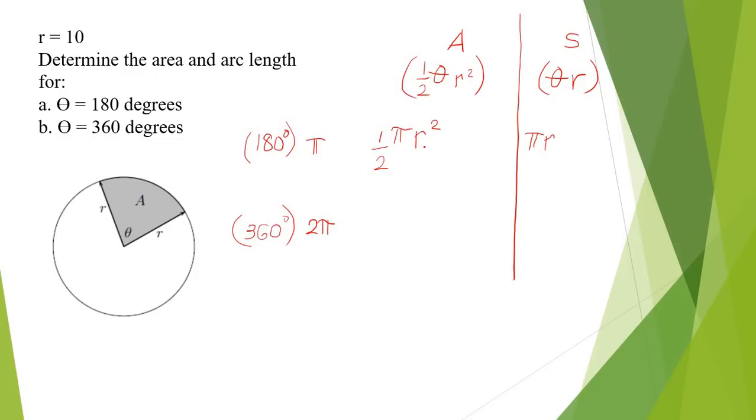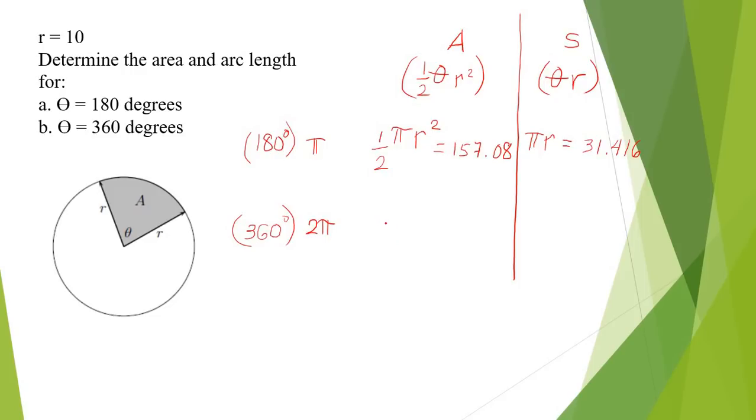And by the way, when r is equal to 10, this gives us a value for our arc length S of 31.416.